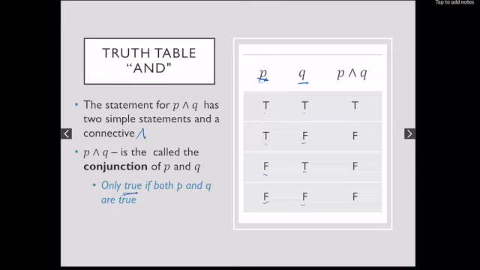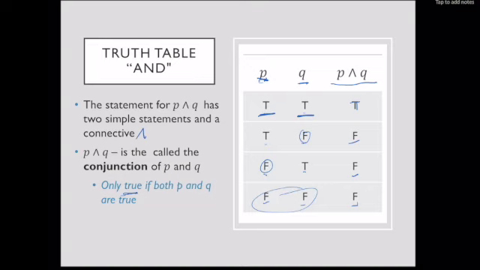So then I remember the rule for the conjunction P and Q, and it's only true when both are true. So here I have P and Q is true as long as P is true and Q is true. And then I have false values for the rest because one or both of them are false. Okay? So that is how we use and.